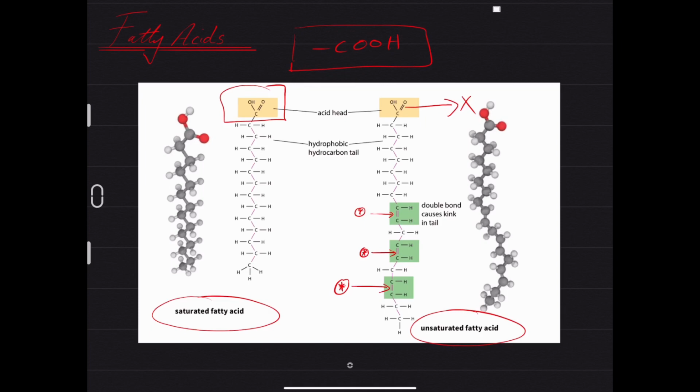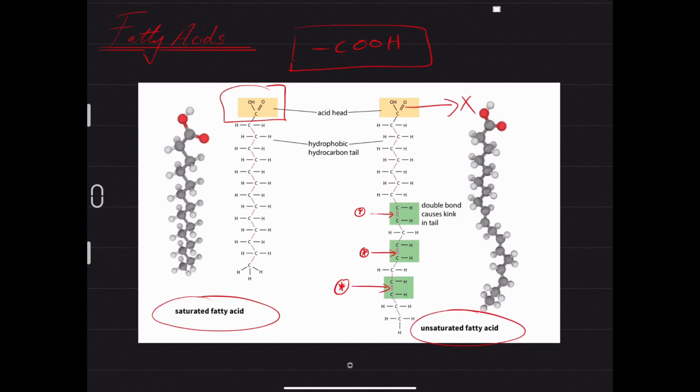You could very easily just make that around 6 if you wanted and make that your fatty acid. You don't have to do the entire chain length, because one important point about fatty acids is that the carbon chain length, the hydrocarbon tail, can vary in length, and this also will affect the final structure of the lipid.